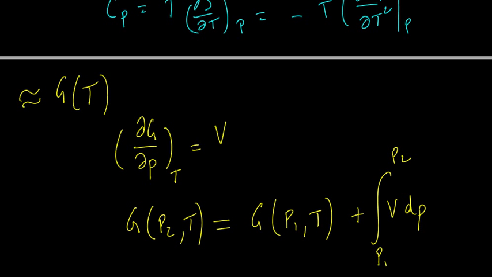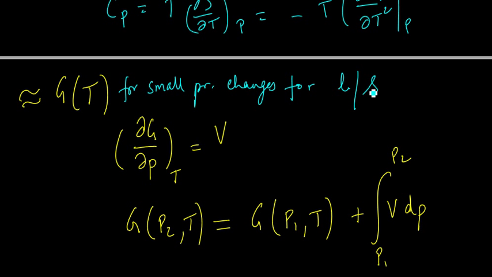Yes, so let me just mention that over there: for small pressure changes, for liquids and solids. If the pressure change is large, of course there will be a change, and then we'll have to include this term.